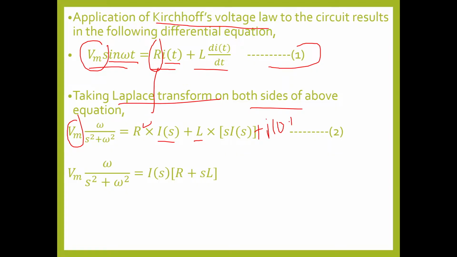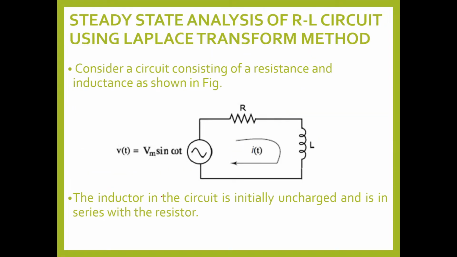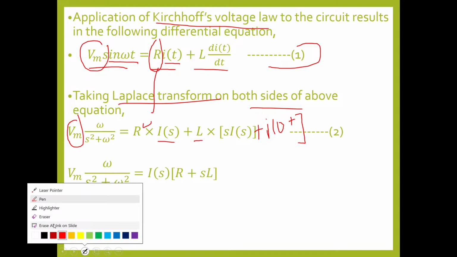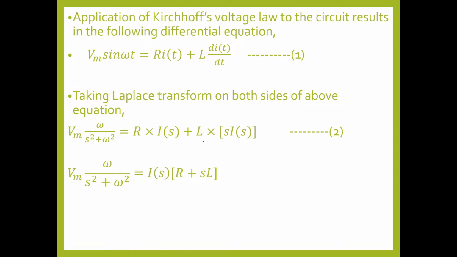You can write that, but here there is no switch, so there is no need to consider initial conditions. I have not connected any switch, so I have neglected that term here. Simply, I have written Laplace of di of t by dt as s I of s.